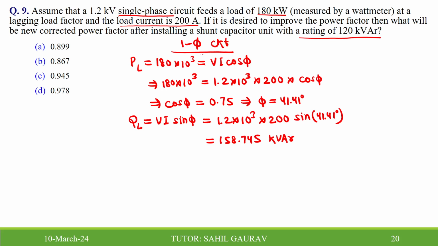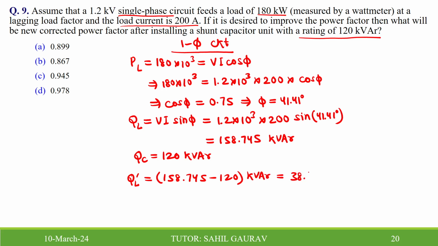Now here it is asking for the new corrected power factor after installing a shunt capacitor unit of rating 120 kVAr. So they have provided this QC value, 120 kVAr. So QL dash will become QL minus QC, 158.745 minus 120 kVAr. So it will become 38.745 kVAr.